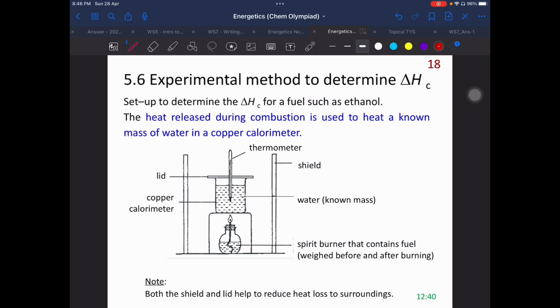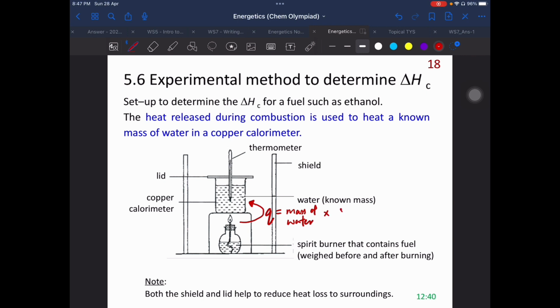So what happens here is that the heat that's being transferred here, I'll use Q to represent, is then being used to heat up the water in the calorimeter. So how do you know how much heat there is? We actually look at the mass of the water. Okay, just like in the previous example, we looked at the mass of the solution, right? In this case, I'm heating the water, right? So the mass of water is important to me.